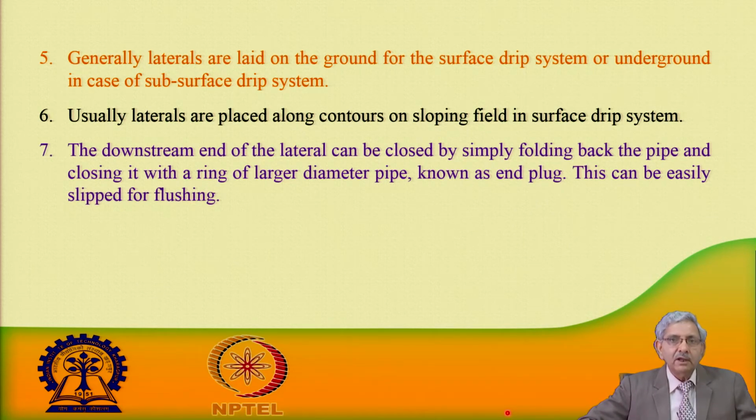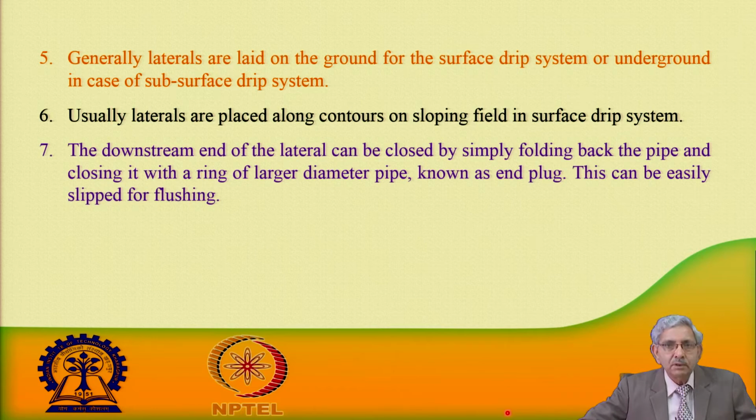Generally, laterals are laid on the ground for a surface drip system and underground in case of a subsurface drip system. Usually, laterals are placed along contours on sloping land in case of a surface drip system.